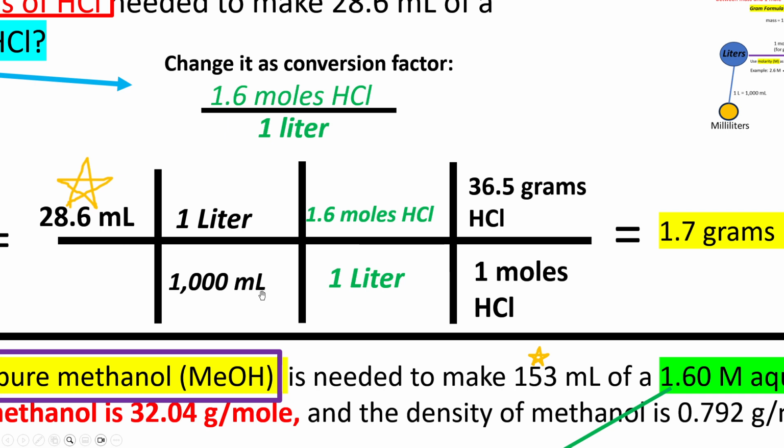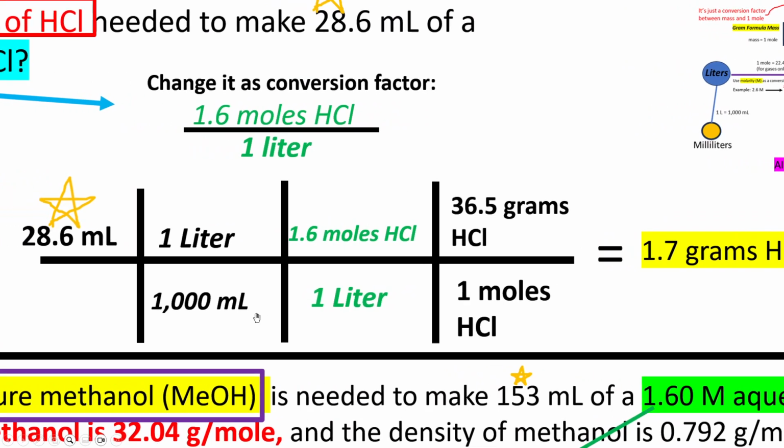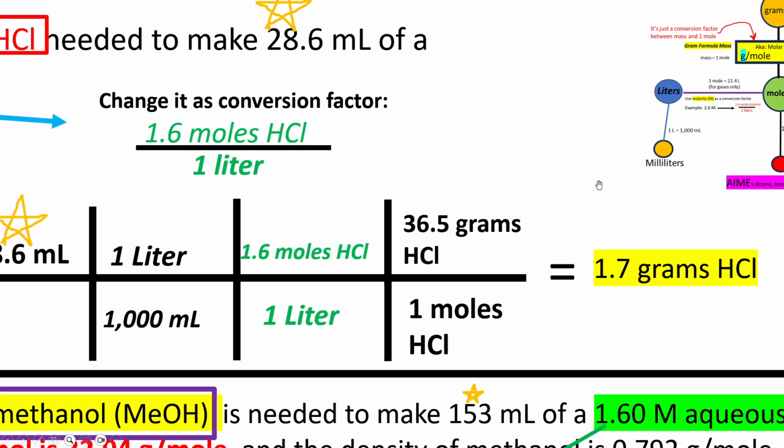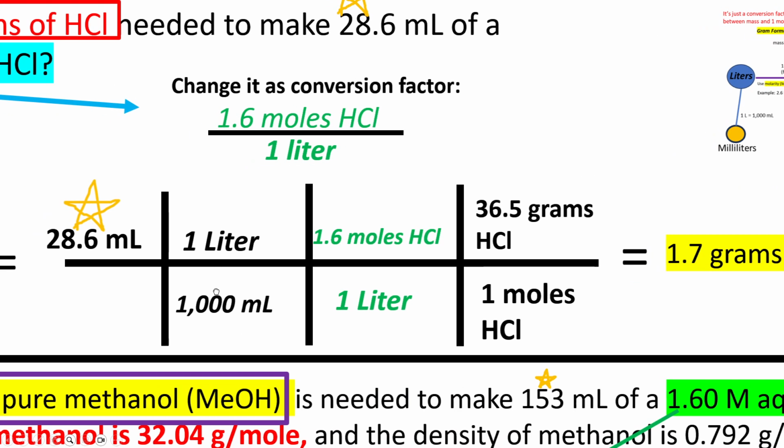Diagonal. So milliliters. I have 1,000 milliliters for every 1 liter. If you don't know that, it's also here in your stoichiometry path. To be able to get from milliliters to liters, you have to use this conversion factor, which is what I have here, okay? Now, my units have to match again, diagonal.